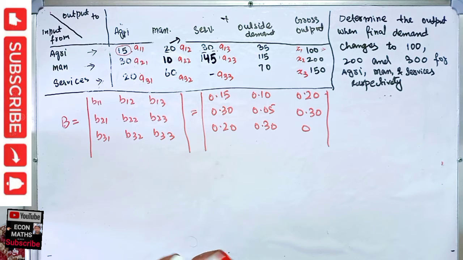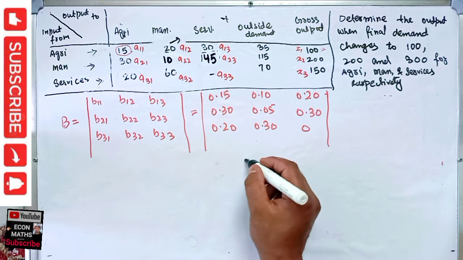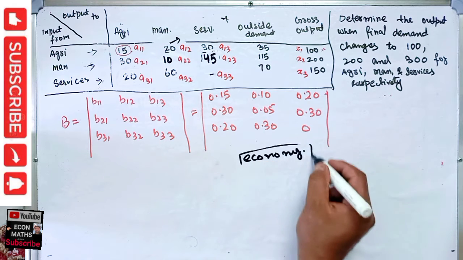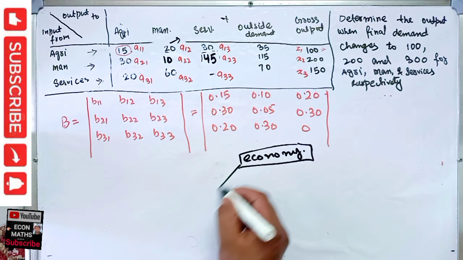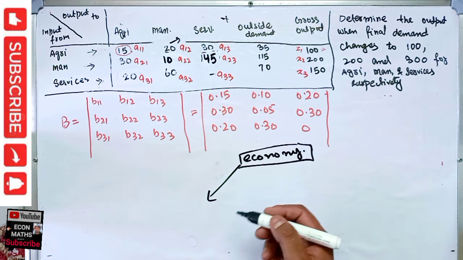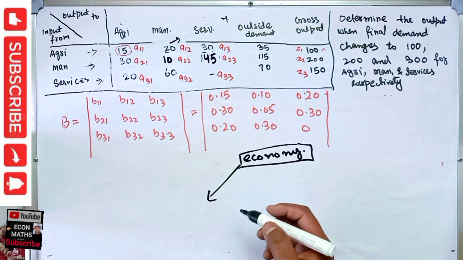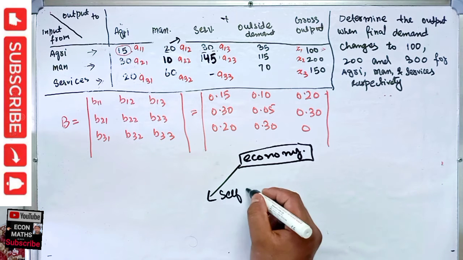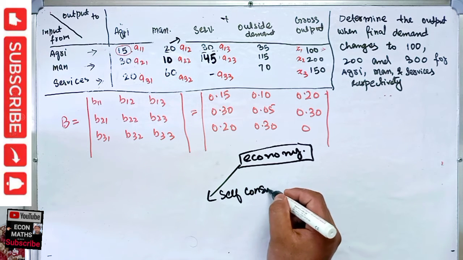Now, to give you an idea of how this looks, let us say we have an economy. We can see here, in an economy we have these sectors. In an economy some output would be consumed by the industries, that is, for self consumption by industry.